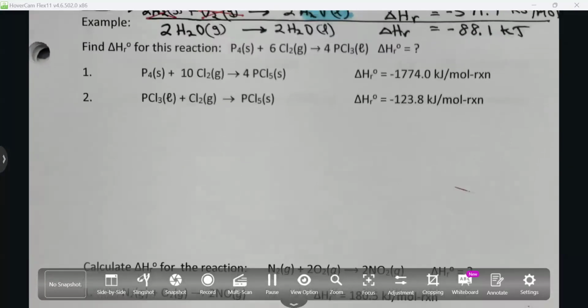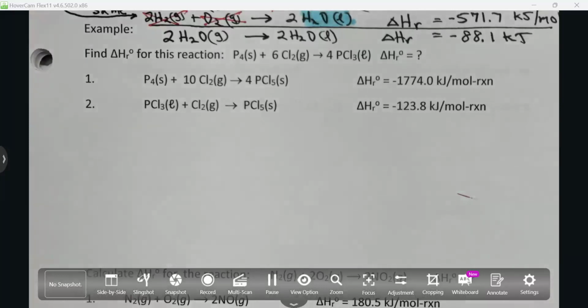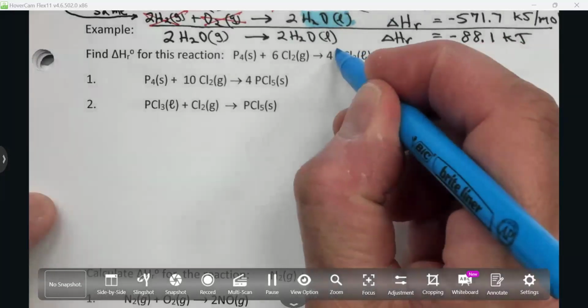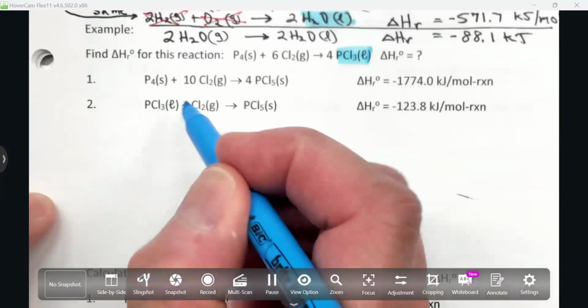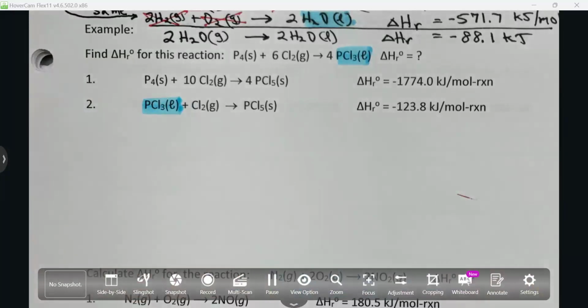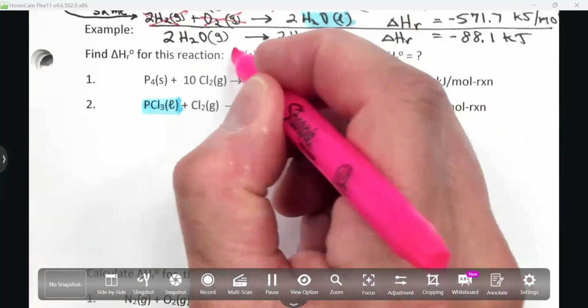Okay, now let's do the next one. Take a highlighter. We need 3 colors. We've got PCl3 liquid. Oh, this sucks already. It's on the wrong side. We've got P4 solid.